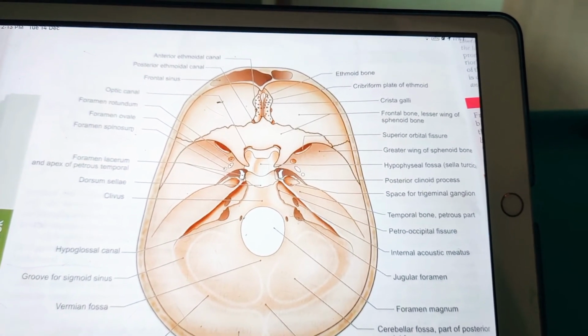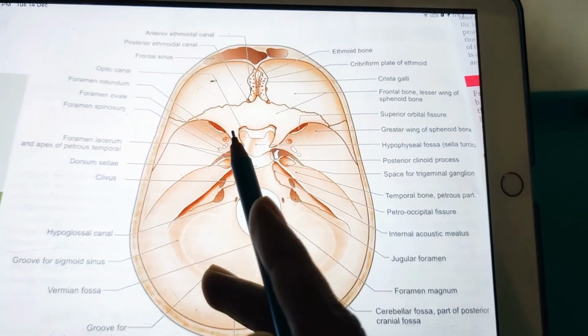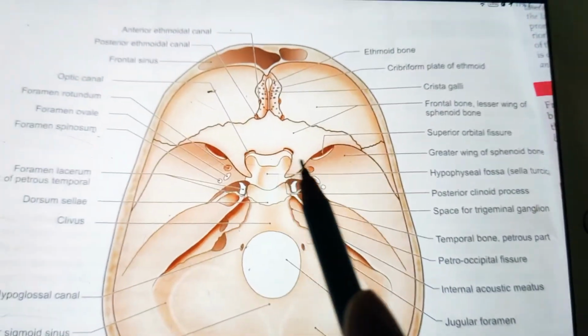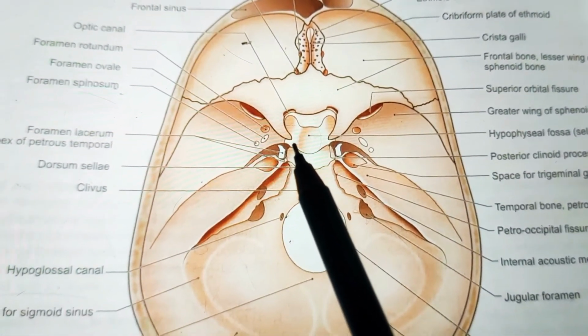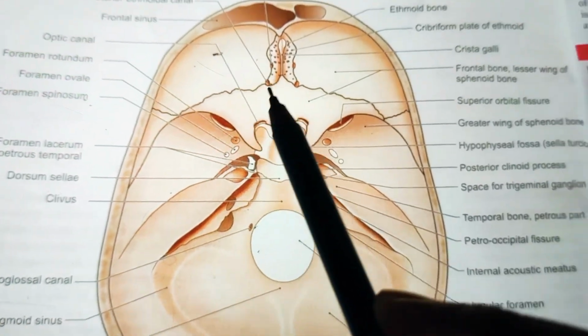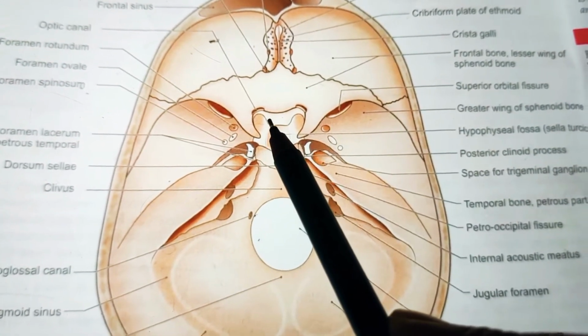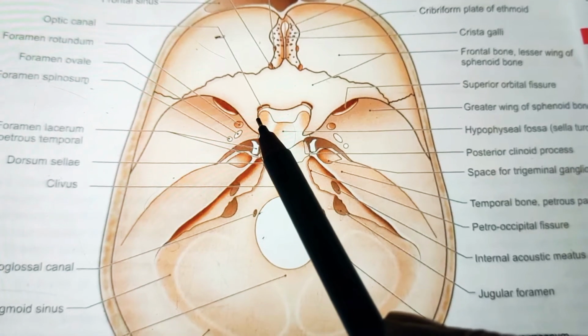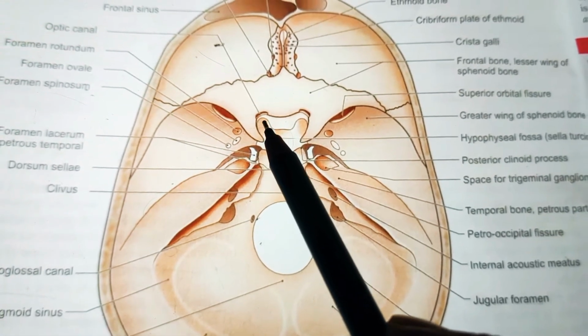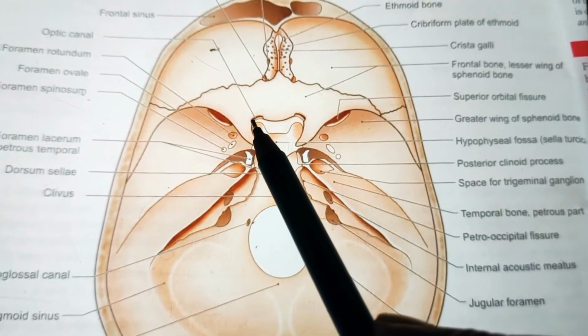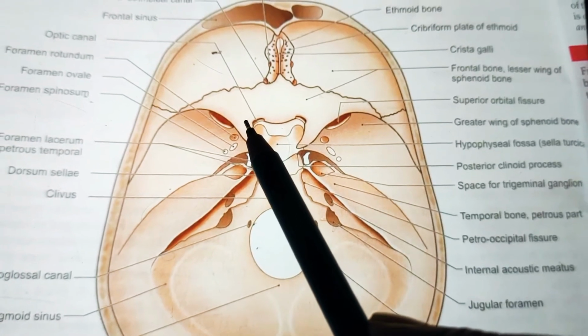Now let us discuss the median area in detail. The median area has the sulcus chiasmaticus, also called the optic groove. It leads to the optic groove on each side, which will open into the optic canal.